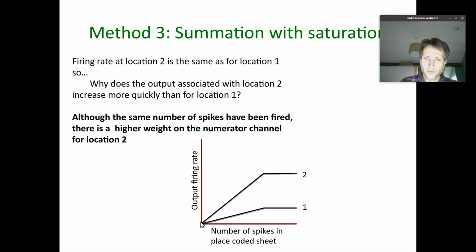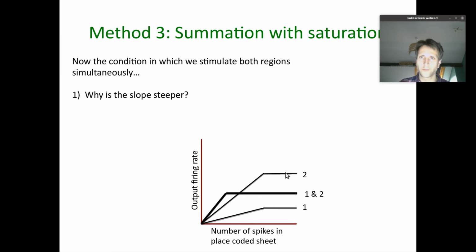Although its activity builds up to the threshold of 20 at the same time as for location 1, the output firing rate increases faster because of the increased weight. That's why it gets a higher final value, which is what we want, a higher value to drive the muscle with.